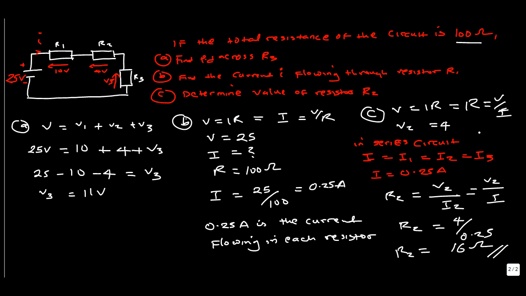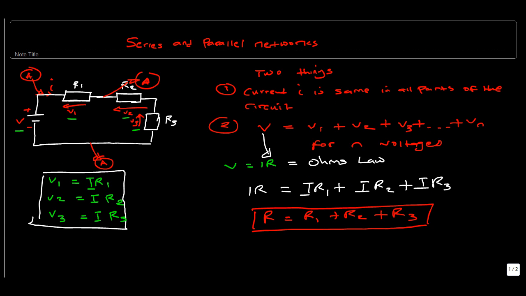So you can see how we've used the two rules that we worked out here. The current I is the same in all parts of the circuit, which is basically saying I is equal to I1 is equal to I2 is equal to I3. And the second one is that the total voltage is equal to the applied voltage.